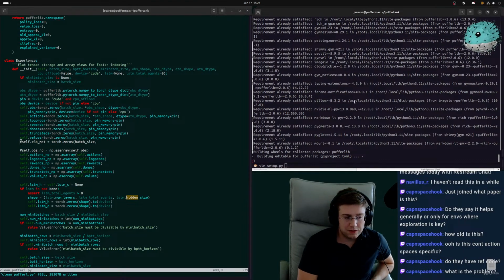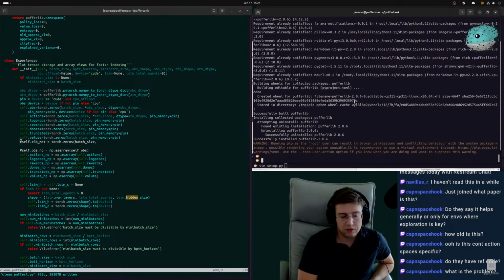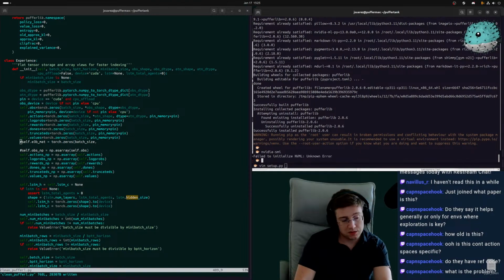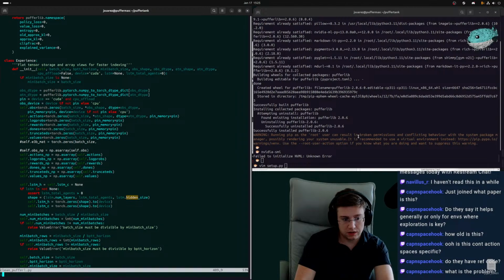So we're gonna implement this exploration bonus algorithm without the inverse dynamics model to start, and just see if it does anything. Okay, so this now works. Lovely.